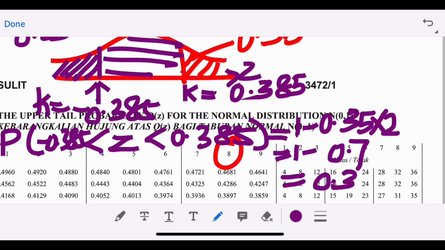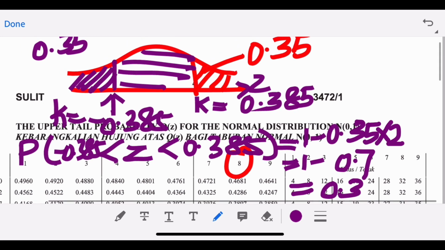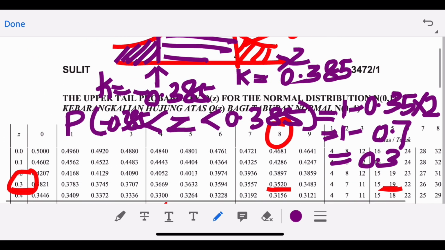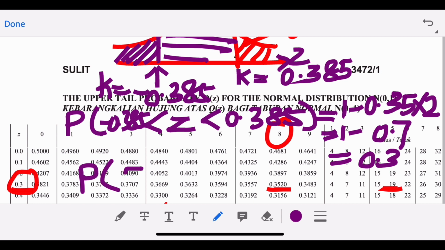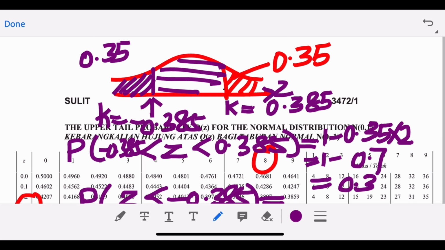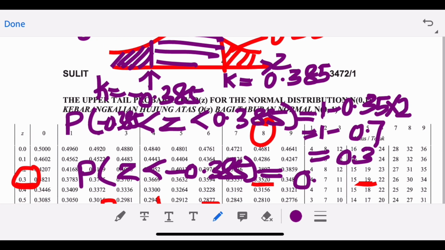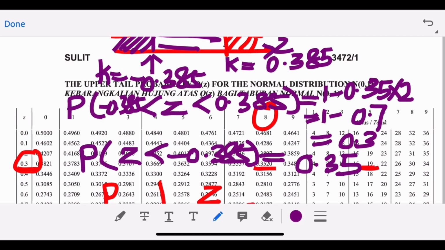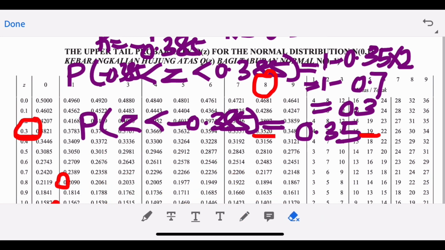So the question is asking for probability. Probability is equivalent to the area of the bell shape. Total area of the bell shape is equal to 1. So the probability for z less than negative 0.385 is symmetrical, so it should be 0.35. Probability is always positive, right?